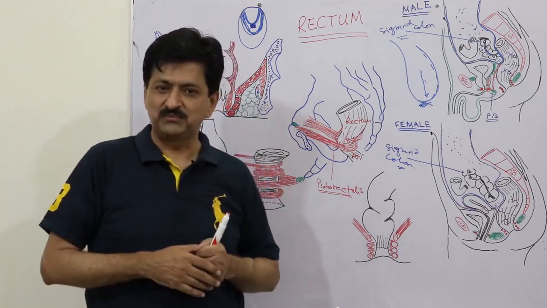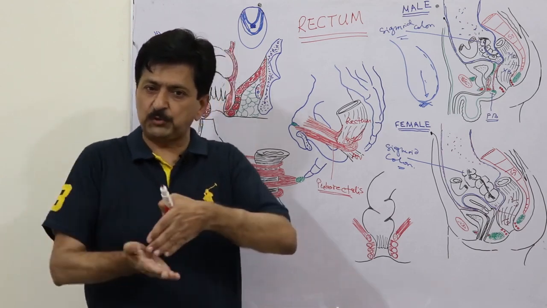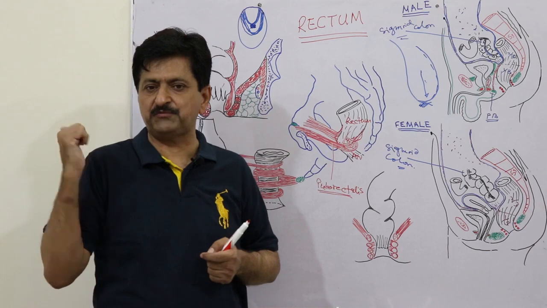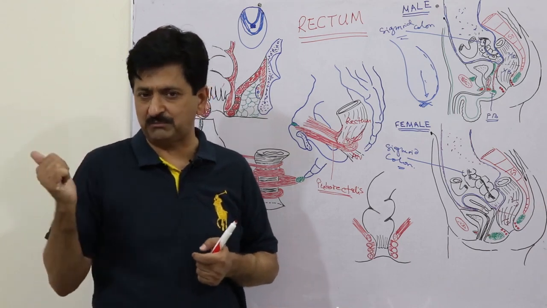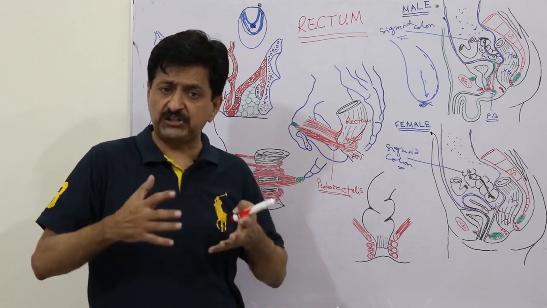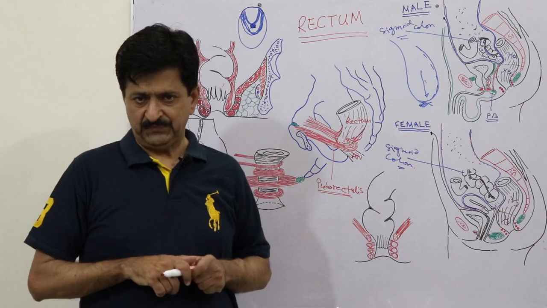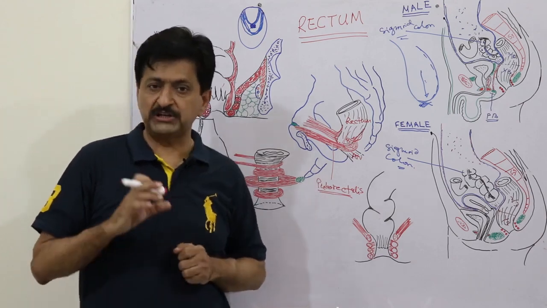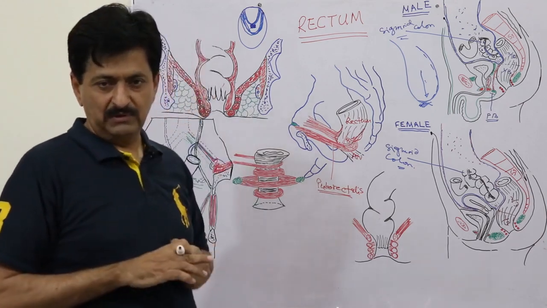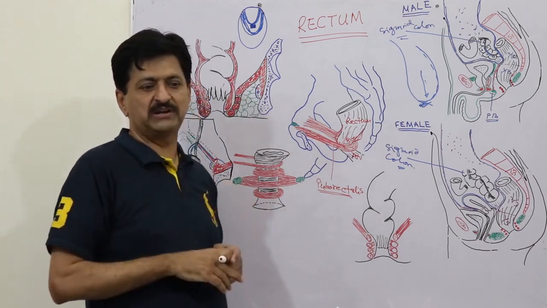At the same time there is the anterior-posterior curve because of the shape of the sacrum. Despite all these curves, this organ is still called the rectum. Amazing. The most inappropriate name kept on any organ can be the rectum.